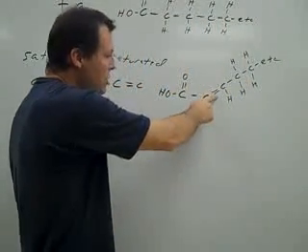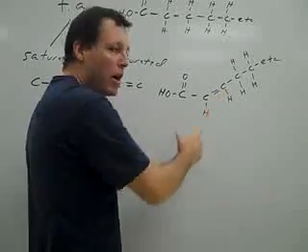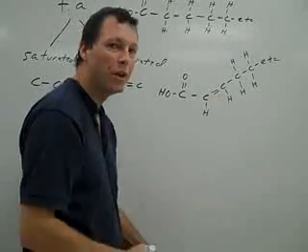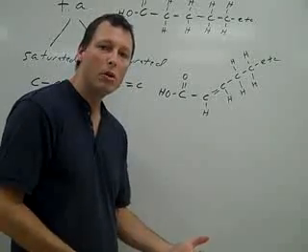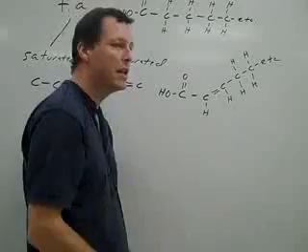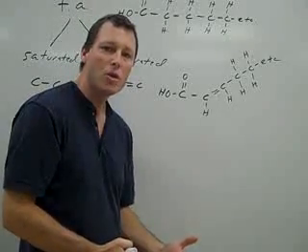And here is a double bond. This is an area of unsaturation. And you can see that these two carbons are not holding the maximum number of hydrogens that they possibly could. So we say that this type of fatty acid is unsaturated.